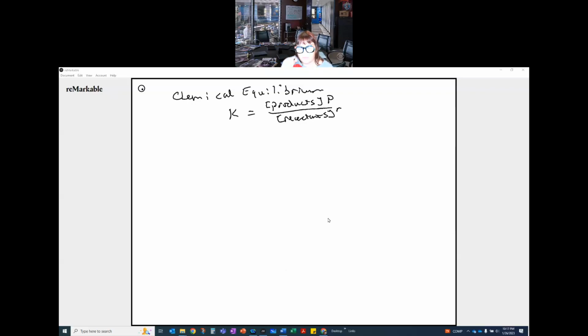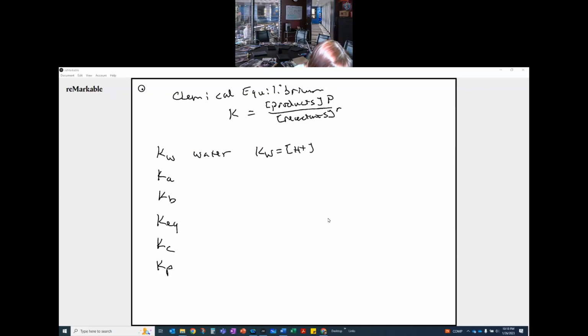We can use concentration in KEQ, which is specifically an equilibrium constant. We've talked about Kw, which is specific to the water reaction. We've talked about Ka in terms of acids. So, sorry, Kw, Ka, Kb, Keq, Kc, Kp.